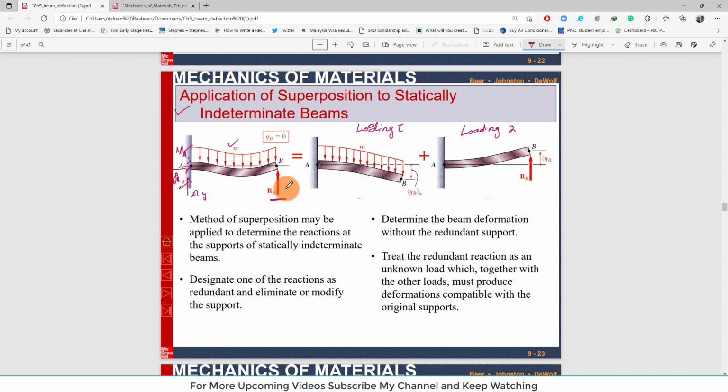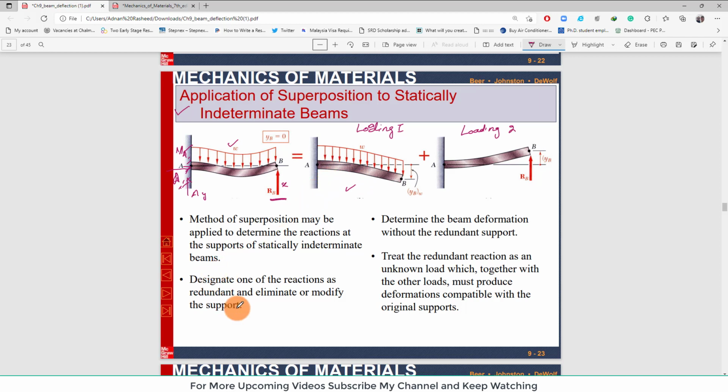If we consider one of the reaction forces as the redundant reaction, redundant reactions are those reactions due to which the beam is indeterminate. If we remove these redundant forces, the beam will be like this, and you can see now there will be 3 unknown reactions, and we have 3 equilibrium conditions, so you can solve this type of problem easily.